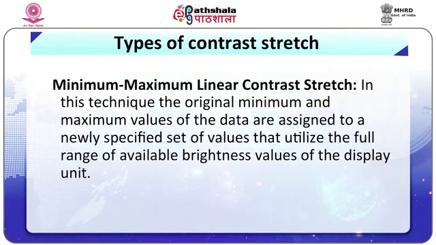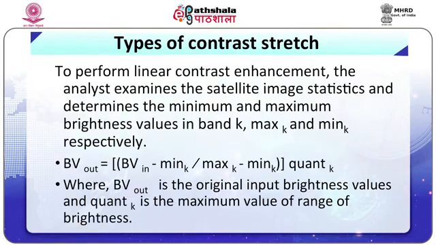Minimum maximum linear contrast stretch. In this technique, the original minimum and maximum values of the data are assigned to a newly specified set of values that utilize the full range of available brightness values of the display unit. To perform linear contrast enhancement, the analyst examines the satellite image statistics and determines the minimum and maximum brightness values in band K, maximum K and minimum K respectively.